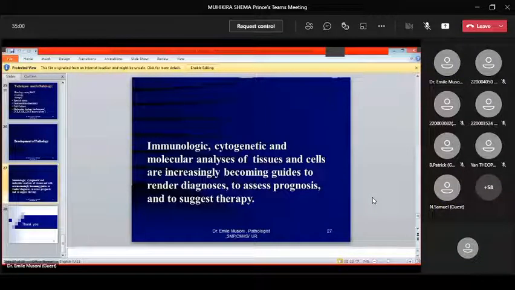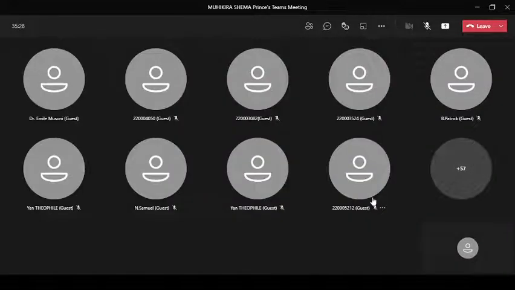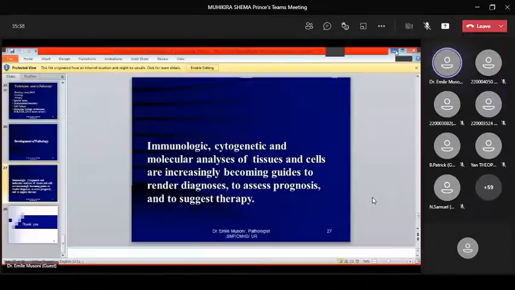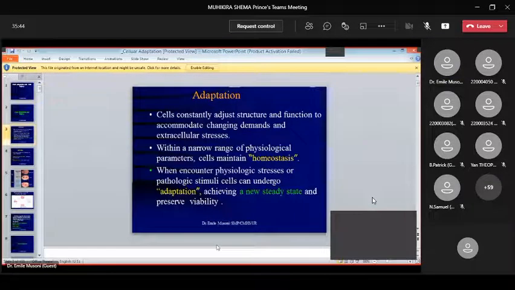The PowerPoint, we are not seeing it. It is not shared. Is it shared? Yes.